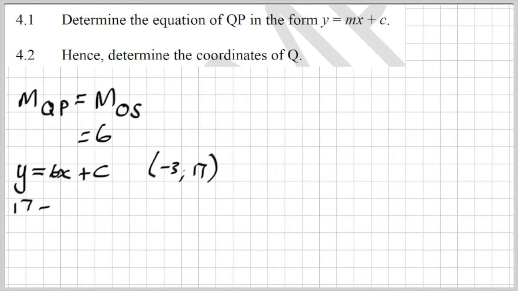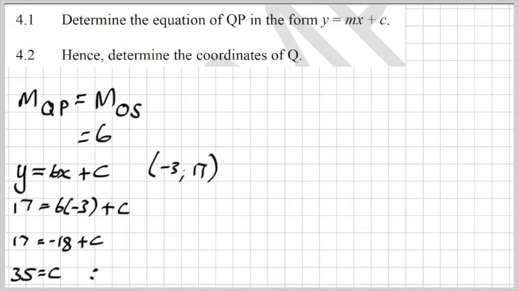So I'm going to make y 17 and x to be -3. Solving for c gives me that y is equal to 6x + 35. Awesome. Easy, straightforward.